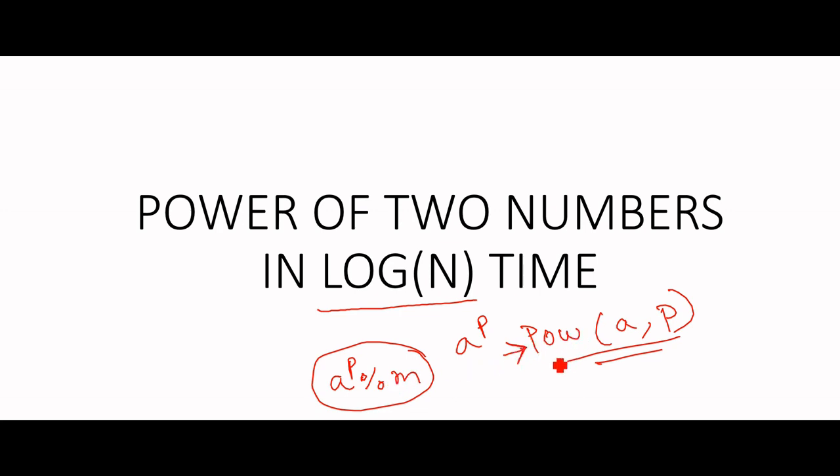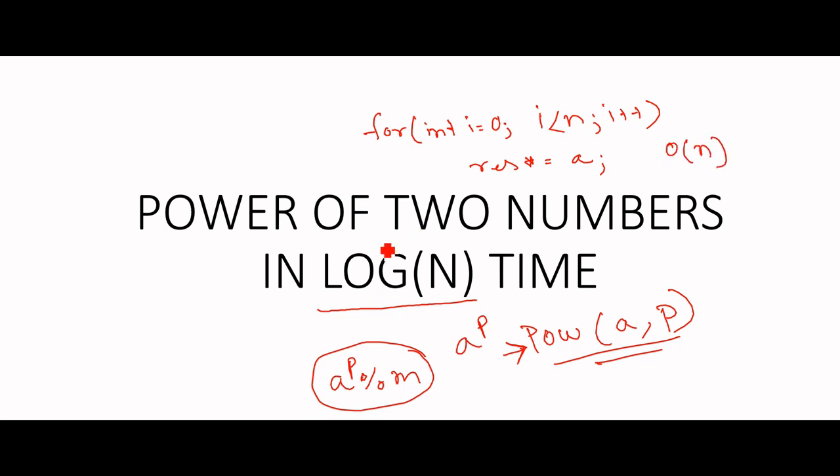And we also know that we can simply use a for loop running from 0 to n, like n times, and keep building the result. Now this is order of n time, but I am going to give you an optimized approach that is going to run in log of n base 2.